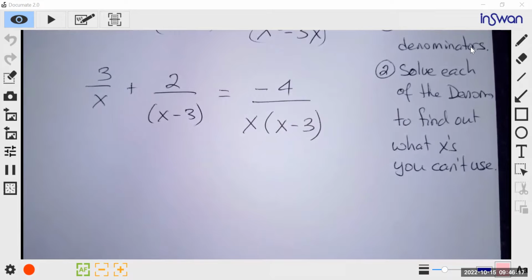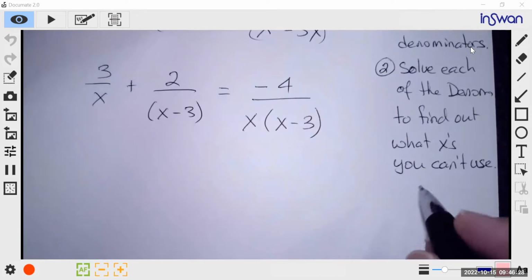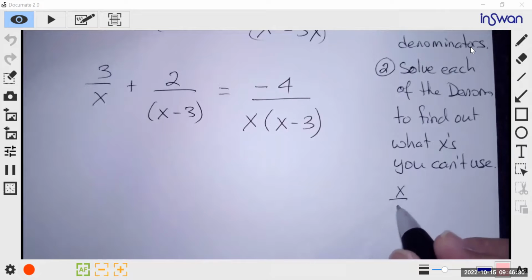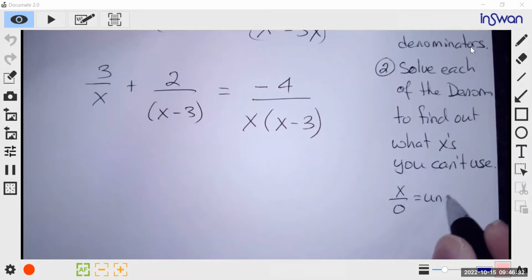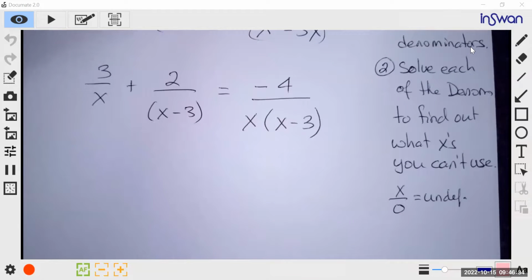Why is that? Why do I want to solve? And then how can that be the ones I don't want? Because anything divided by 0 is undefined. We do not want 0 on the bottom. So what x's would make the bottom 0? We can't use those x's. We can use any other x's of those.